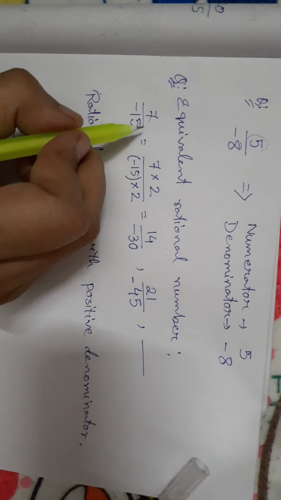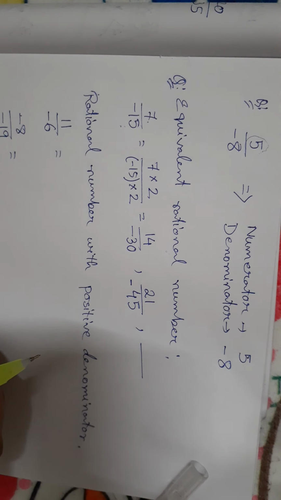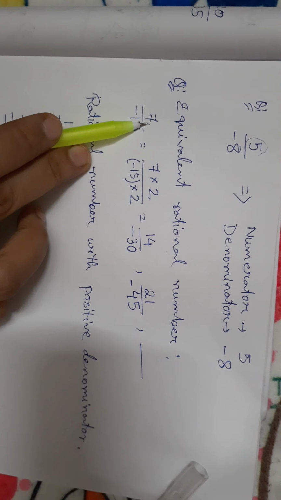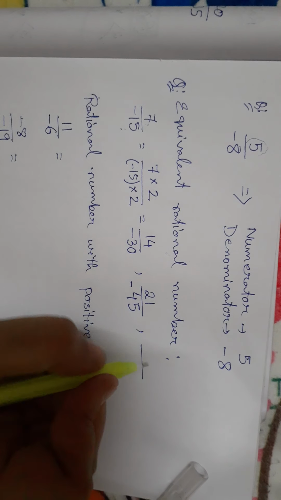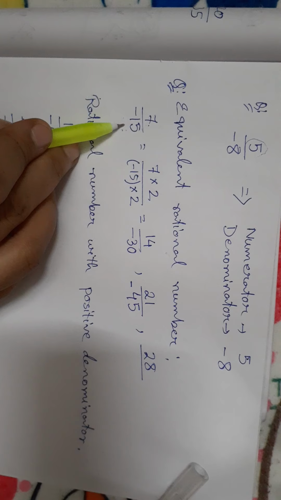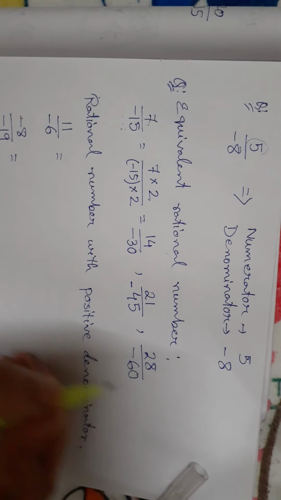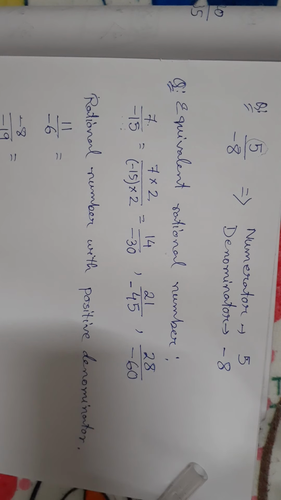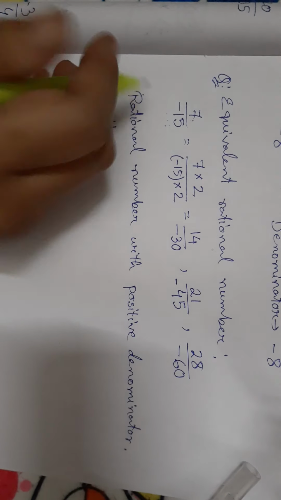Similarly, you can multiply the numerator by 4 and the denominator also by 4. So 7 into 4 will be 28, and minus 15 into 4 will be minus 60. In this way we can find many equivalent rational numbers. Then we come to the next question.